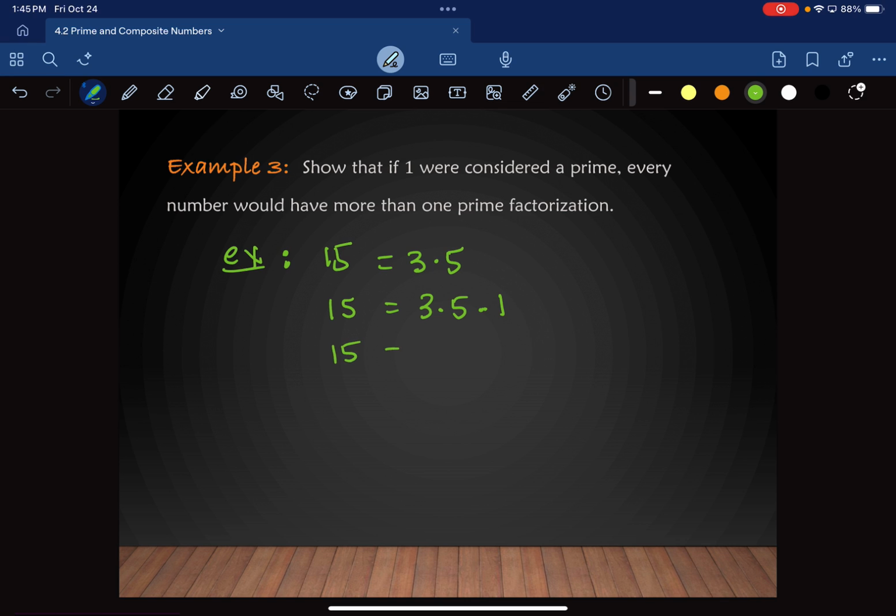But not only would that, so would this. And so would this. And so would this. If 1 were prime, the fundamental theorem of arithmetic would be false. True?